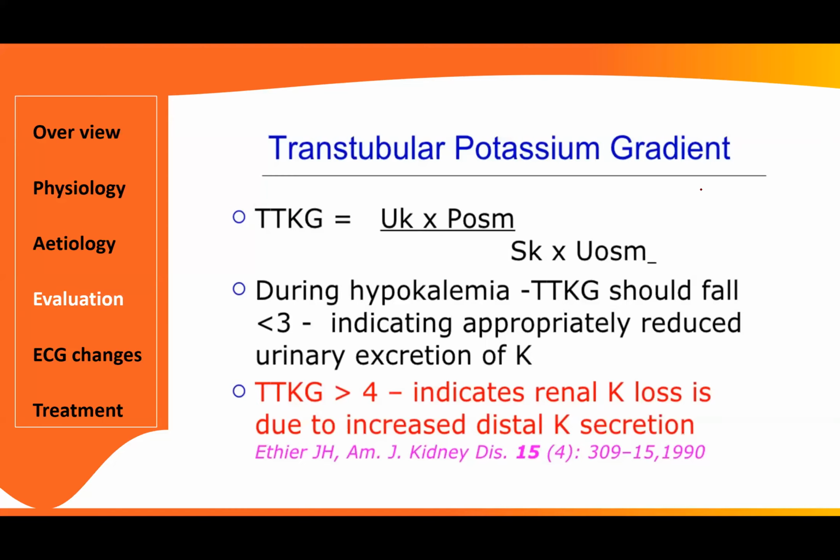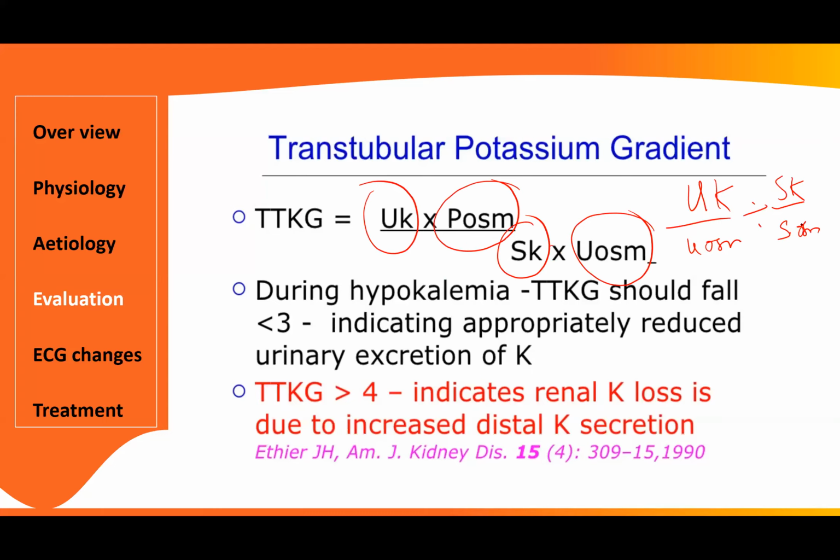It is nothing but urine potassium by urine osmolality, divided by serum potassium by serum osmolality. If you want to convert the division into multiplication, this will go up and this will go down. That is what is called the TTKG, transtubular potassium gradient.